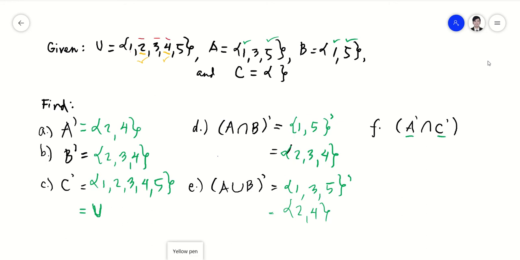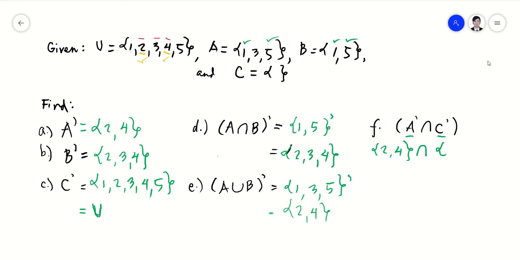So what's the complement of A? We got it already here, so we just have to copy. But remember, we're looking for the elements that are in U but not in A. So that will become 2 and 4 because there is 2 and 4 in the universal set but not in A. And then the complement of C, it's empty.